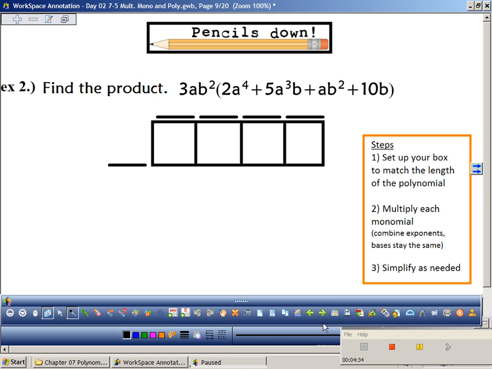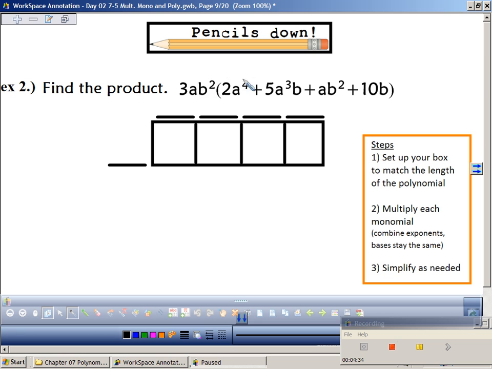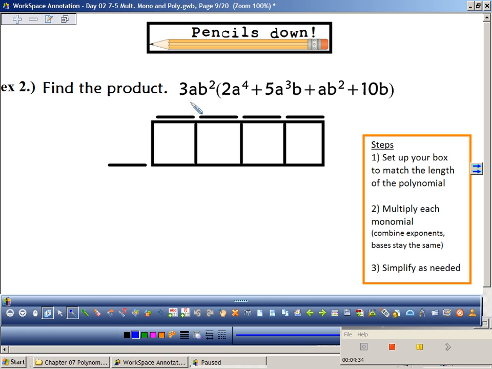Let's continue. All right, find the product. So the difference between this one and the last one is my polynomial is larger. This is actually 1 by 1, 2, 3, 4.